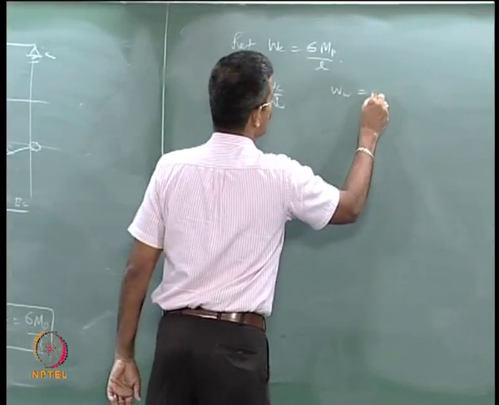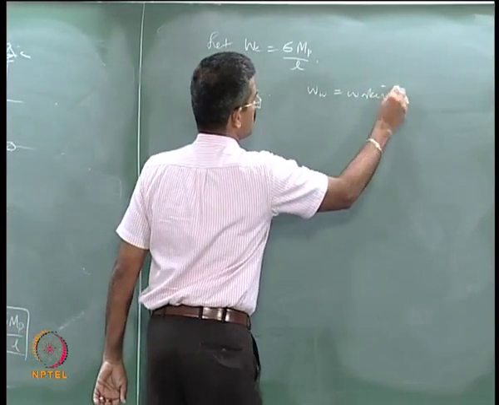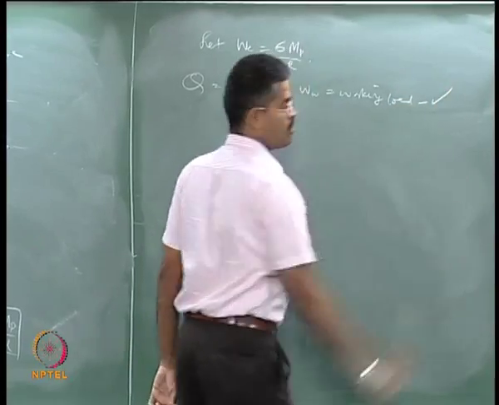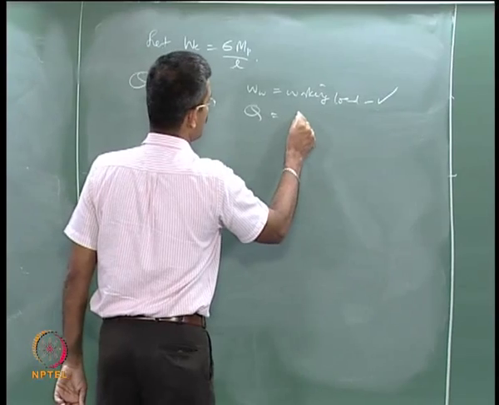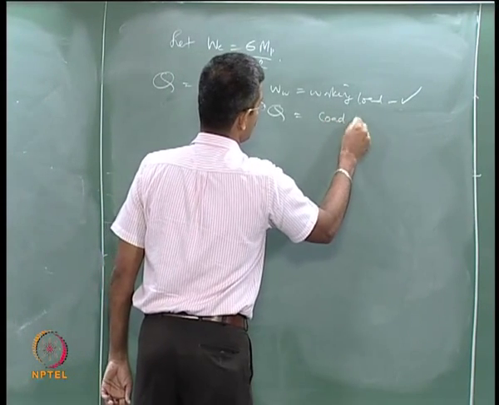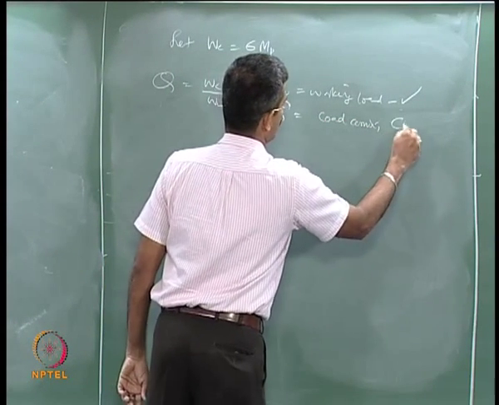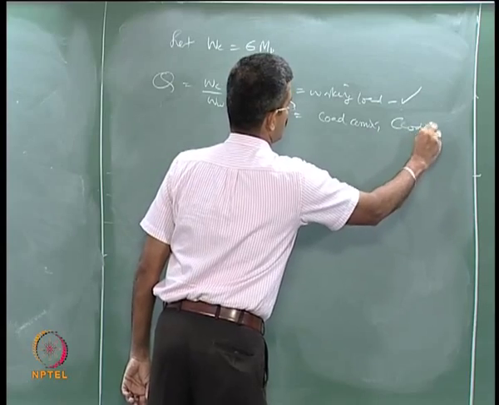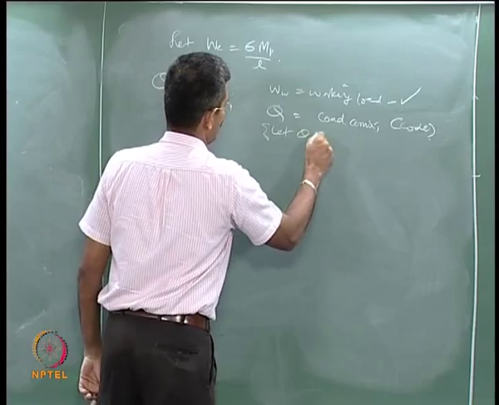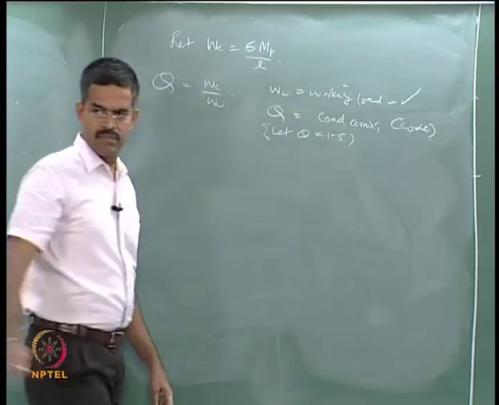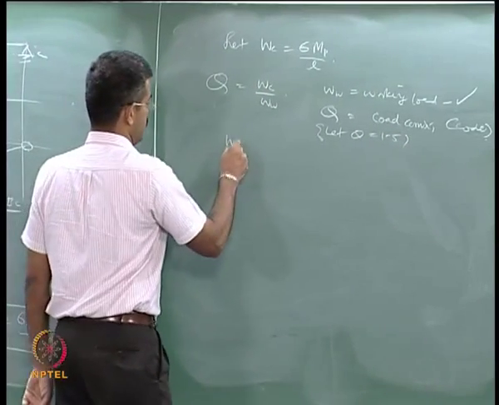WW is nothing but the working load which we already know. Q can be taken for different load combinations from the code. So, Q is known to me. For example, let Q be 1.5. So, I know WC.